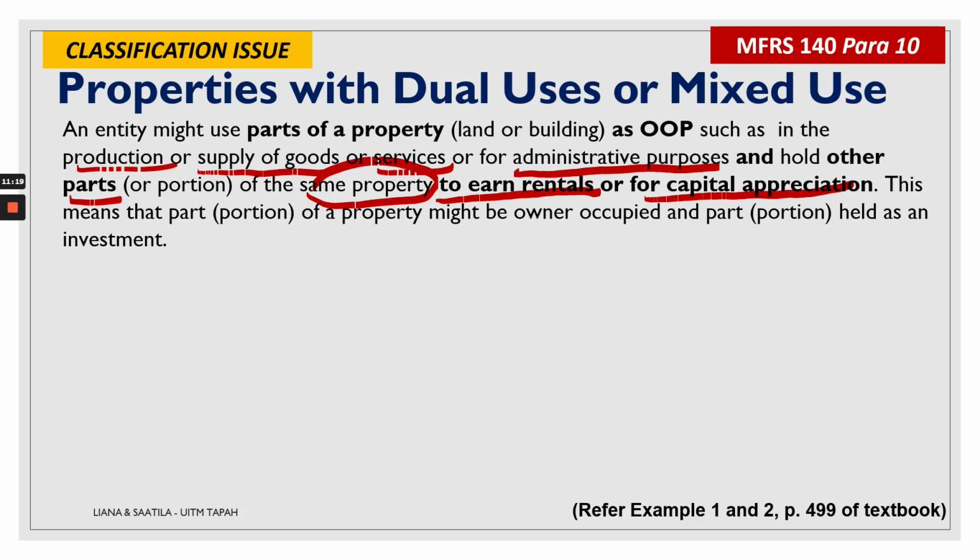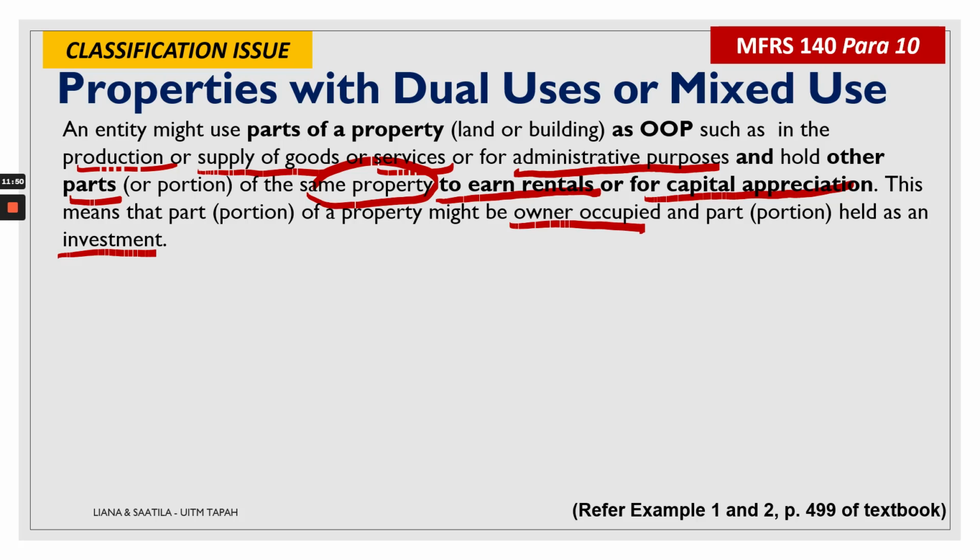So if part of a property is held for owner-occupied function, and the remaining is held for rental or for capital appreciation, this is considered a property with dual use. Therefore, this means that part of a property might be owner occupied and part might be held as an investment under MFRS 140, which is investment property.